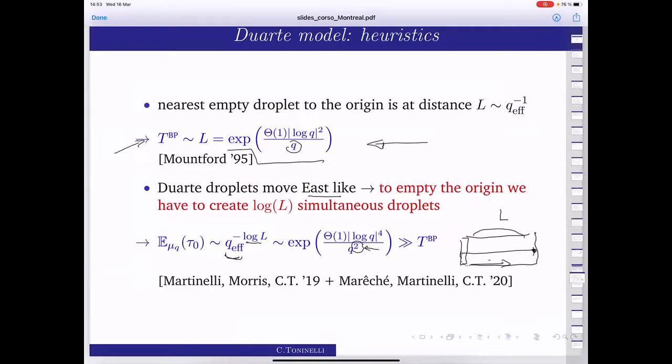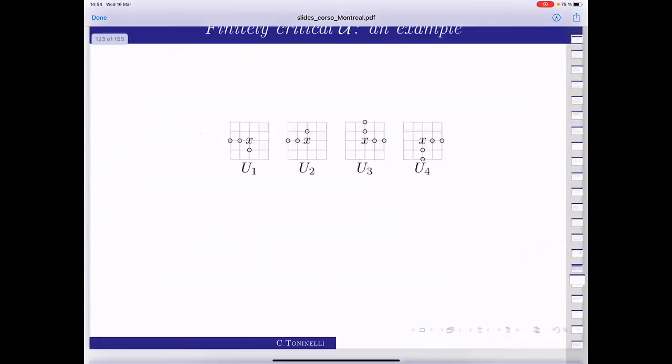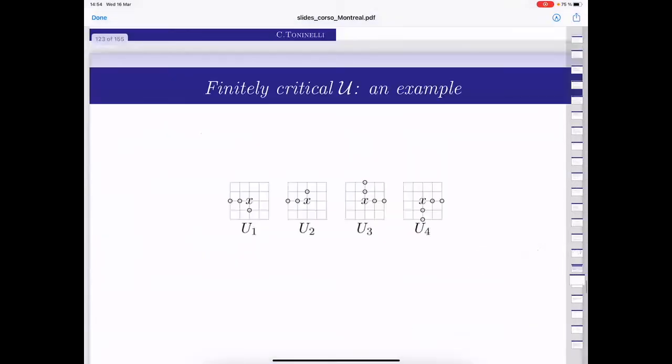behavior of the Duarte model, but this is essentially the behavior in general for the models which have an infinite number of stable directions and that are critical. But I'll tell you a little bit later on in which sense.